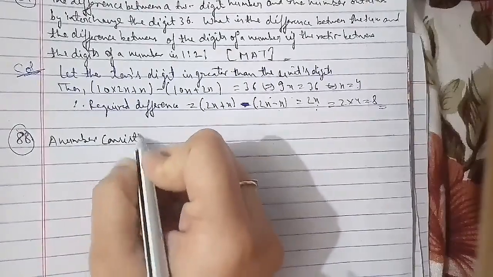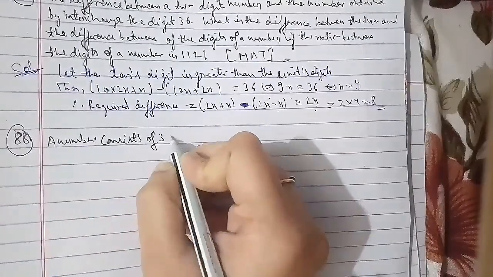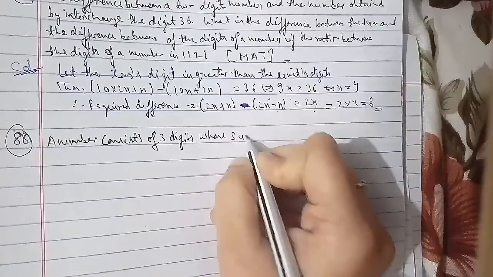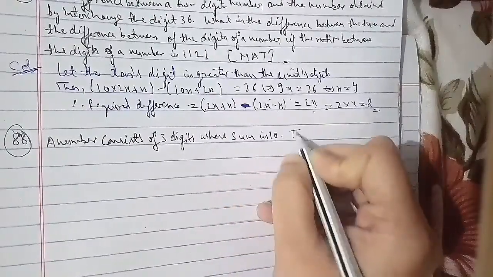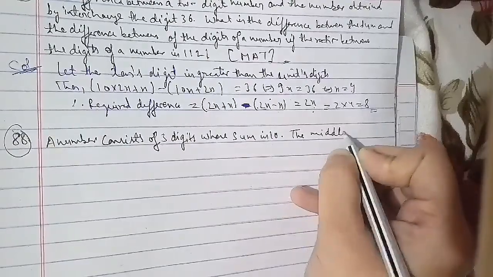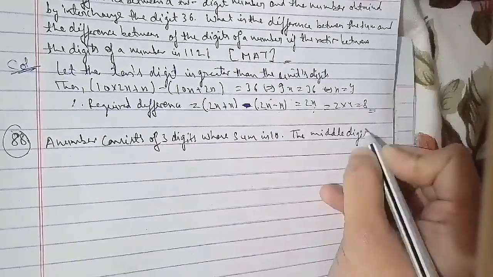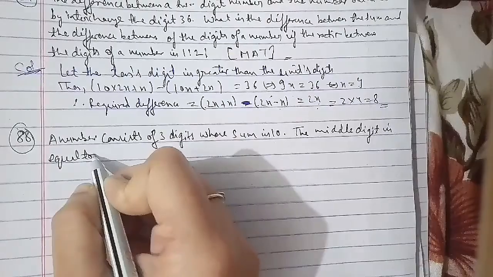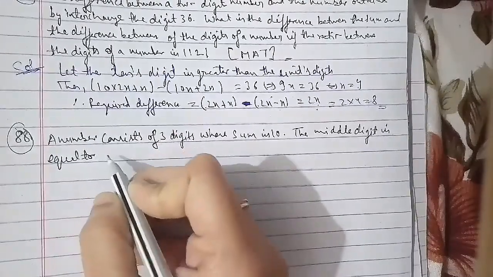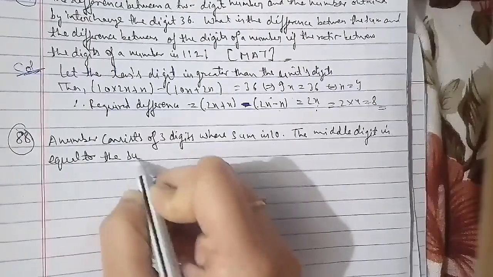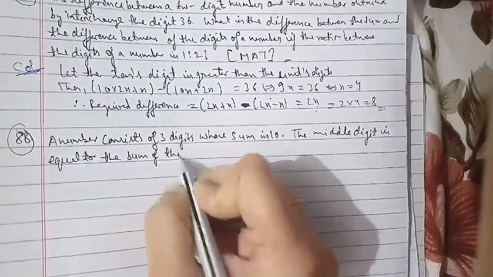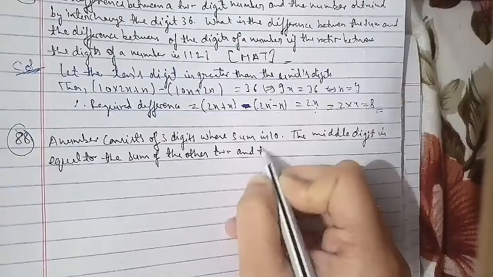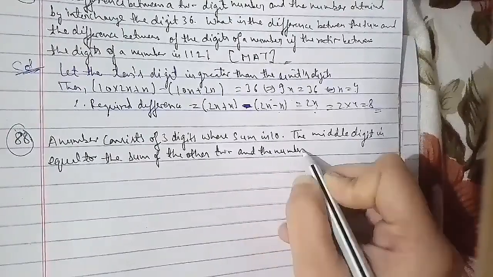The middle digit is equal to the sum of the other two, and the number will be increased by 99 if its digits are reversed.